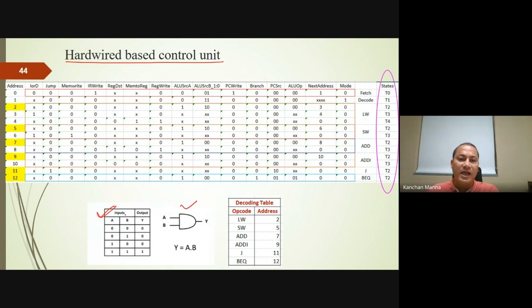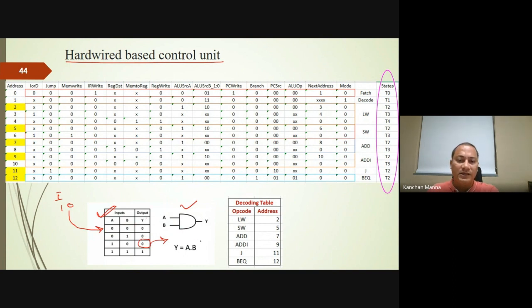In the microprogram approach we saw just now, we store this truth table in memory, and if we get an input, let's say 1 0, in the input port, we search this value in this table, and if there is a match, we provide the corresponding output to the output terminal. So this is the microprogram based control unit.